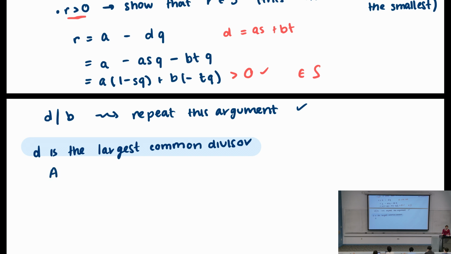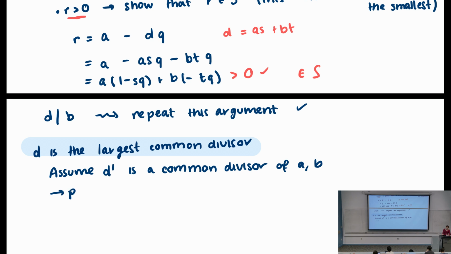So we'll assume that we have some D prime, which is also a common divisor, and then we'll prove that D prime is smaller than D. So we'll assume we have some other one, and then from that prove that that one actually has to be less than D.